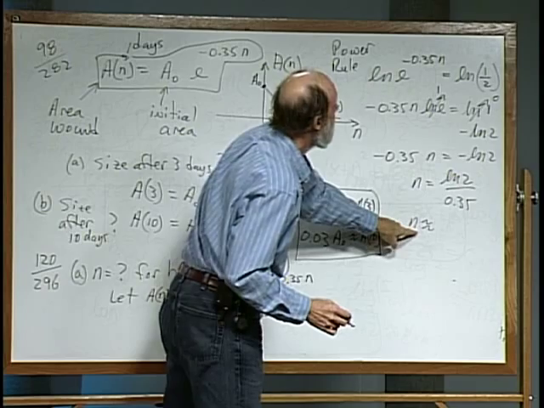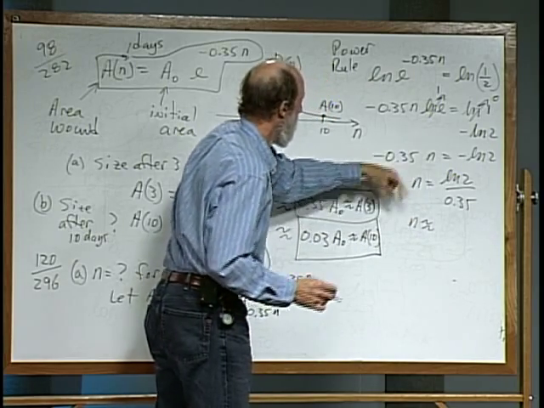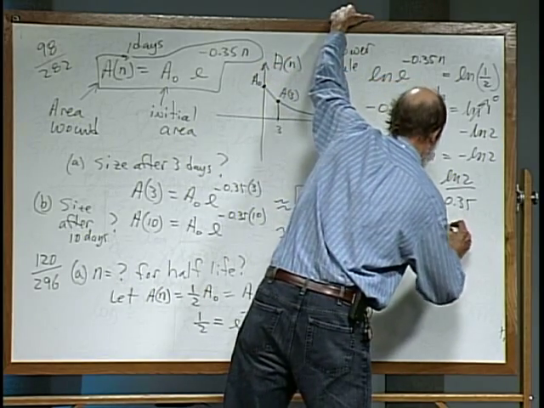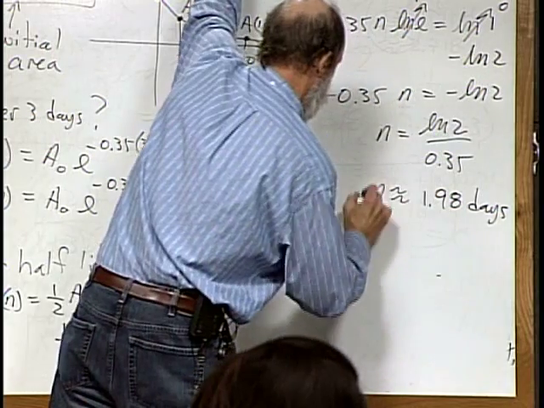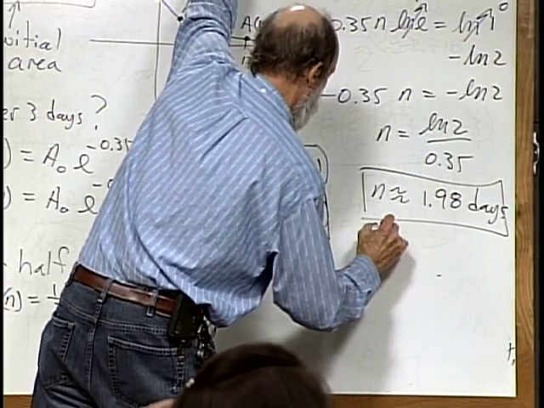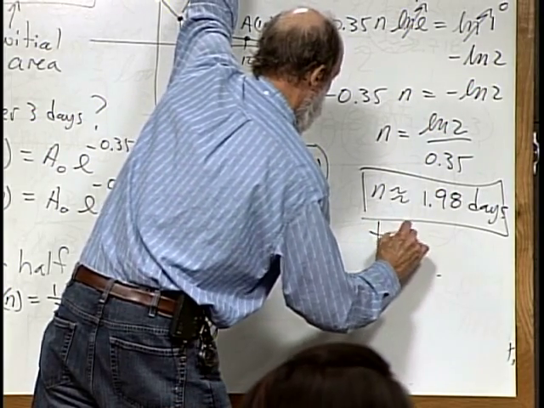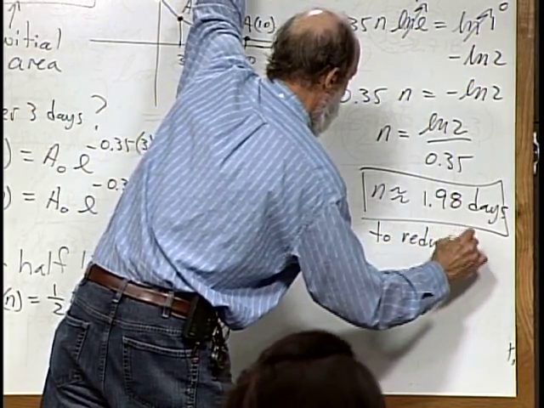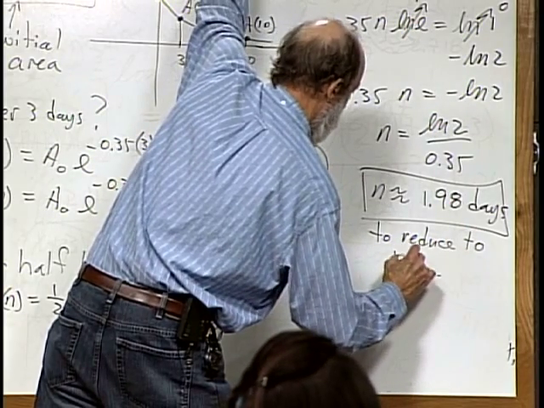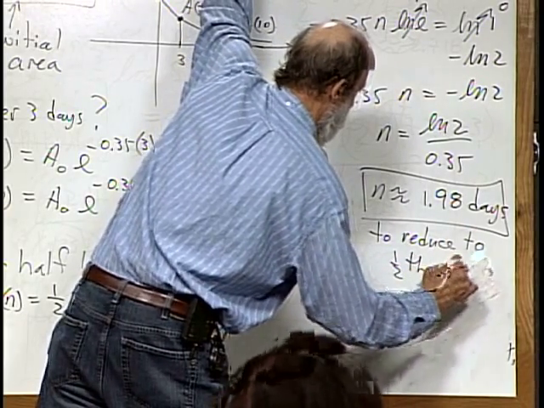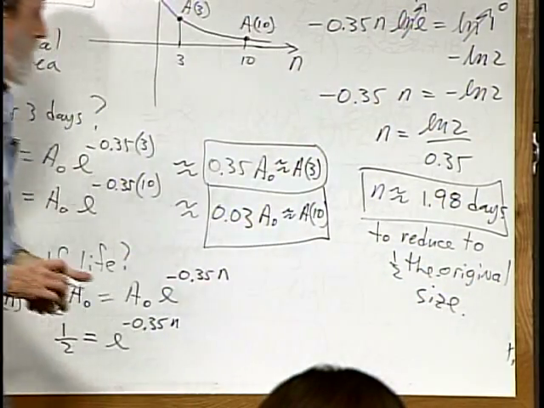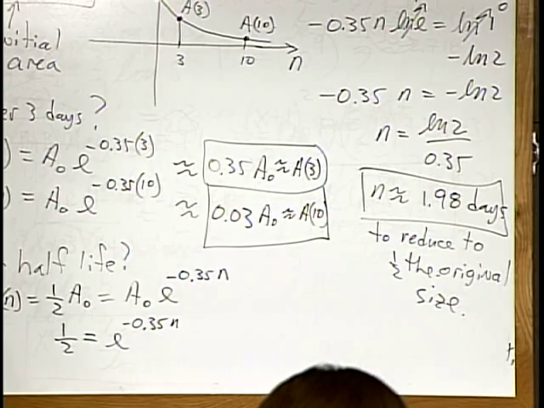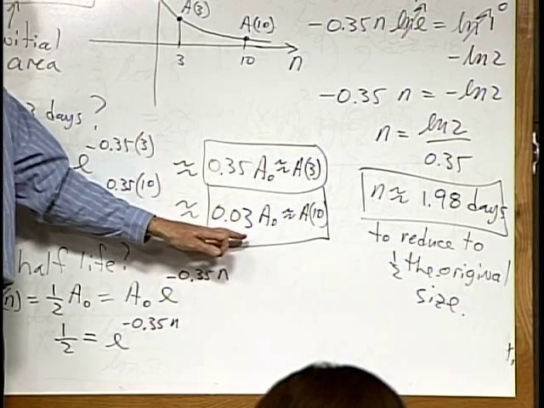And then the number of days for it to come down to half its size, it takes 1.98 days. To reduce to 1/2 the original size. All three answers.